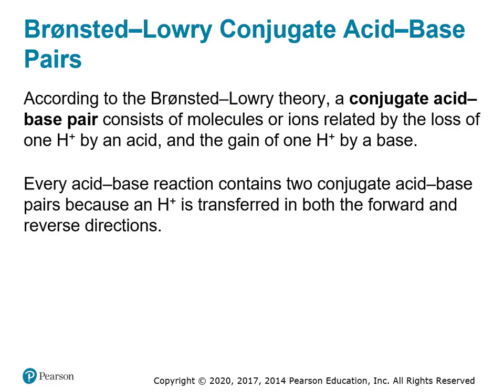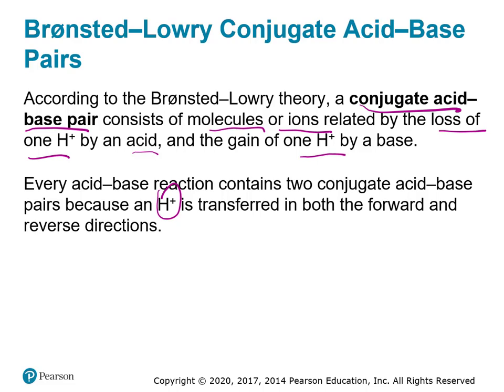According to the Brønsted-Lowry theory, a conjugate acid-base pair consists of molecules or ions related by the loss of one H+ ion by an acid and the gain of an H+ by a base. Every acid-base reaction contains two conjugate acid-base pairs because that hydrogen ion is transferred in both the forward and the reverse reactions.